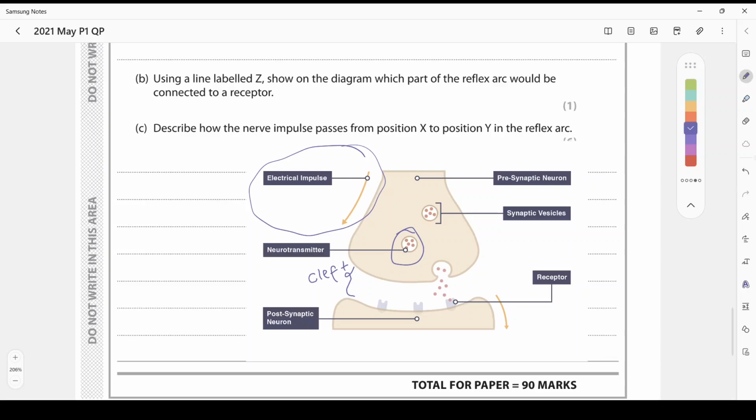And then when it gets released to the synaptic cleft, it would diffuse across and bind to receptors that we see in the postsynaptic neuron. And then afterwards, the electrical impulses get triggered onto the postsynaptic neuron. All right, let's write that down. This is a 6-mark question, so there's a lot to write down.